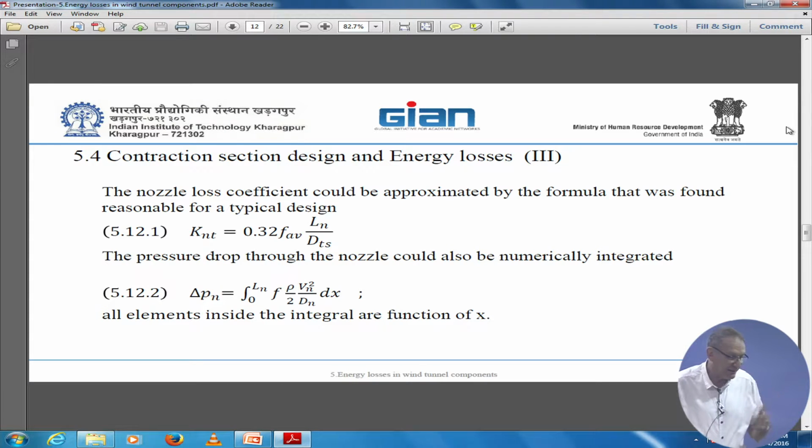Now, on another occasion, this is in the open loop. In the closed circuit, you would put the honeycomb just behind the last corner, the fourth corner, to take care of big eddies. Namely, when you have a big eddy, it means you have different velocity vectors from the main one.